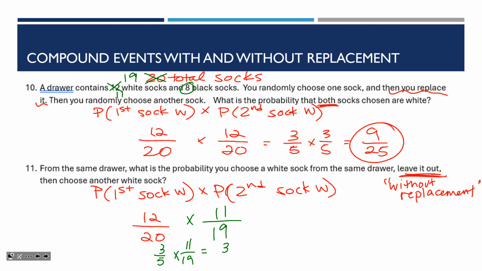And this will be what? 33 over 95, I think, right? So 33 over 95, that's my probability there. And if you type that into the calculator to give yourself a decimal, 9 over 25 and 33 over 95, the answer to 10 and 11, they're going to be close decimals, but they're not going to be the same.